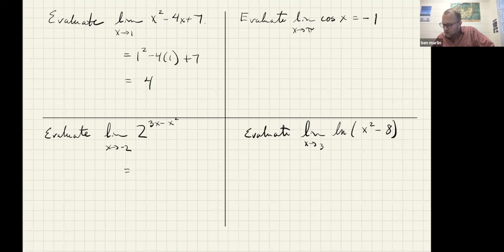All I'm going to try doing is 2 to the power of 3 times -2 minus -2 squared. That's going to be 2 to the -6 minus 4. So 2 to the -10 power. If you'd like to write it as a fraction, that'll be 1 over 1,024.